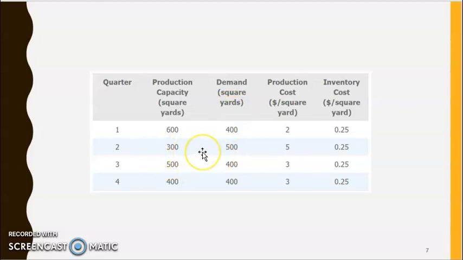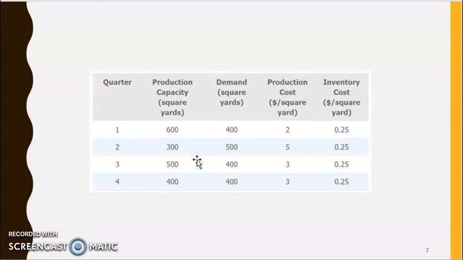And like the previous example that we have done together, we always choose a small problem for learning purposes. But you can imagine when there are many products and there are many options, you cannot easily decide about the production.